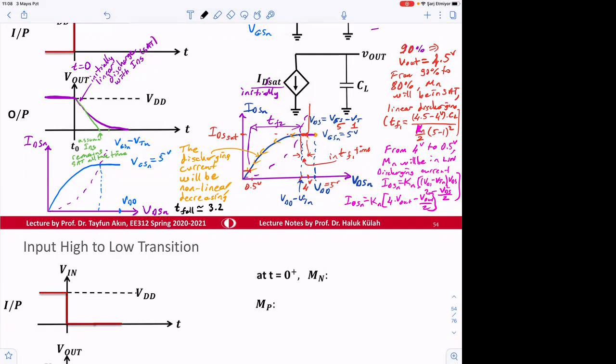This is coming from the equations, times CL divided by Kn times VDD. So this is what it will come to if you do all this nonlinear equation.